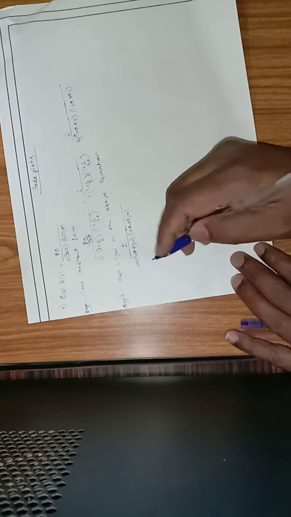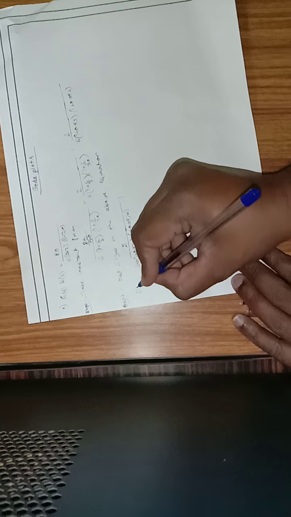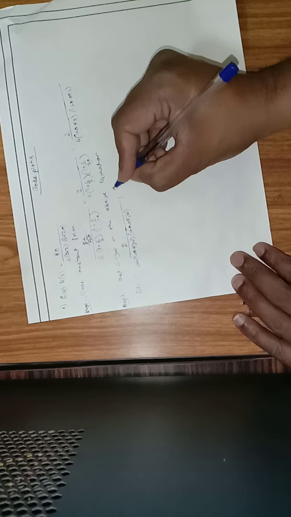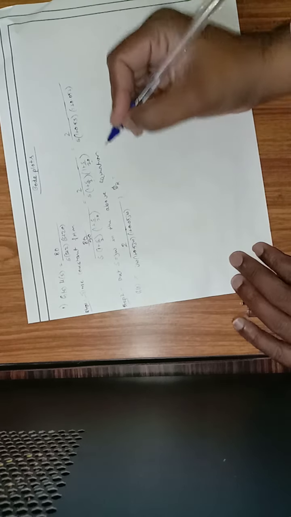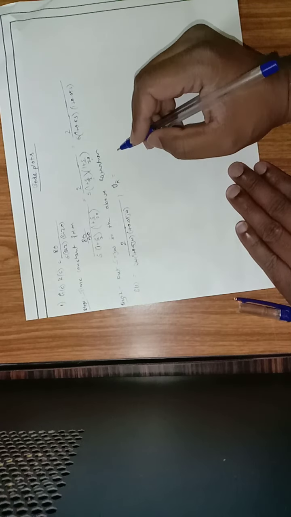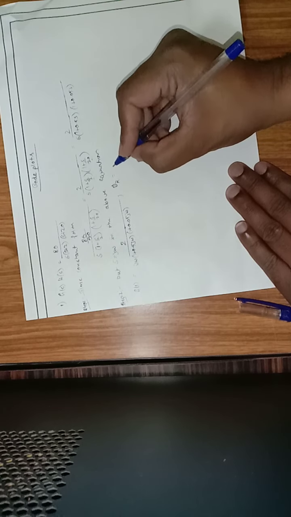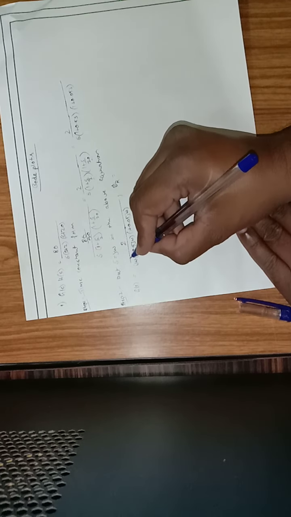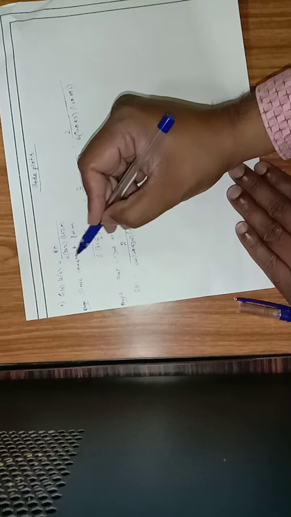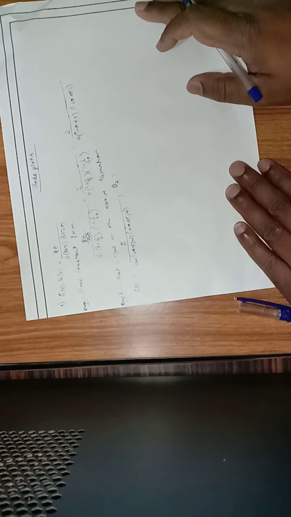Next you have to write the phase angle equation, that is, the resultant phase angle phi r. See, this is 1 by s, so that means there is a pole at origin.